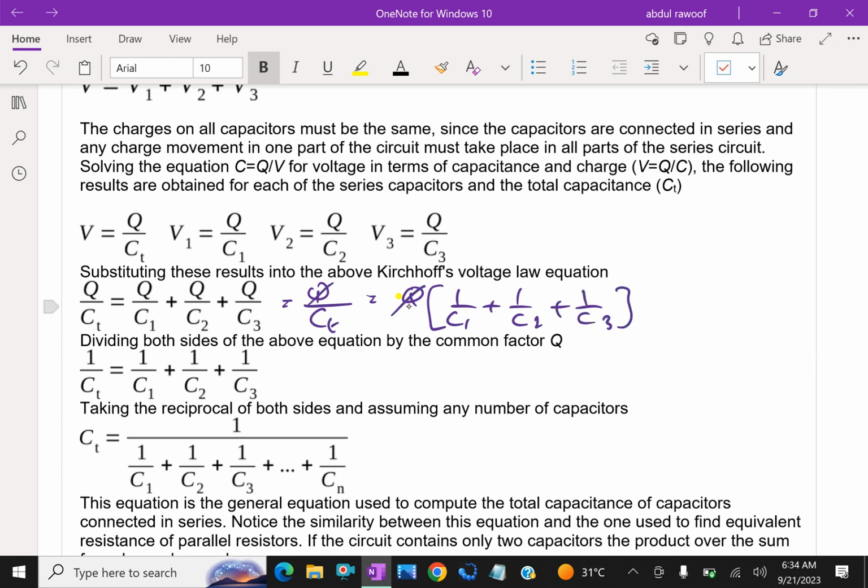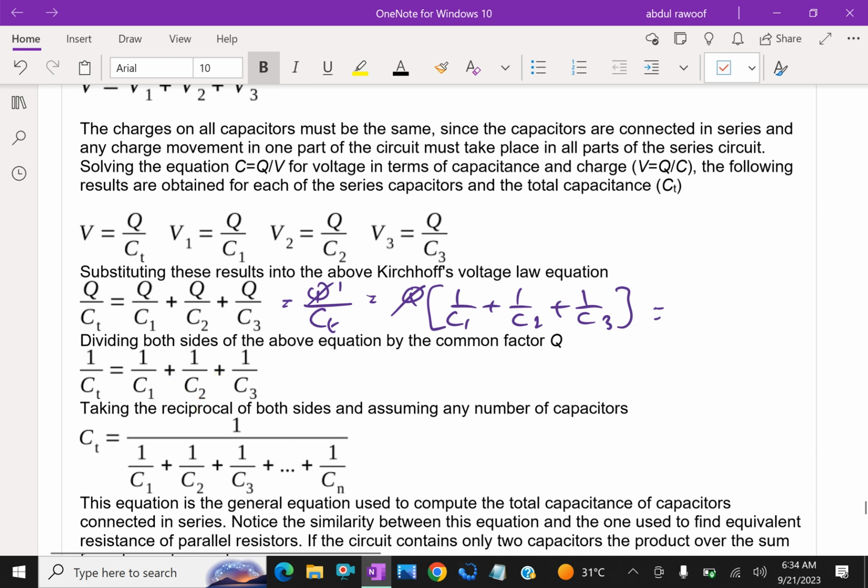Q and Q cancel, which gives 1 over CT, the reciprocal of the total capacitance, equal to 1 over C1 plus 1 over C2 plus 1 over C3.